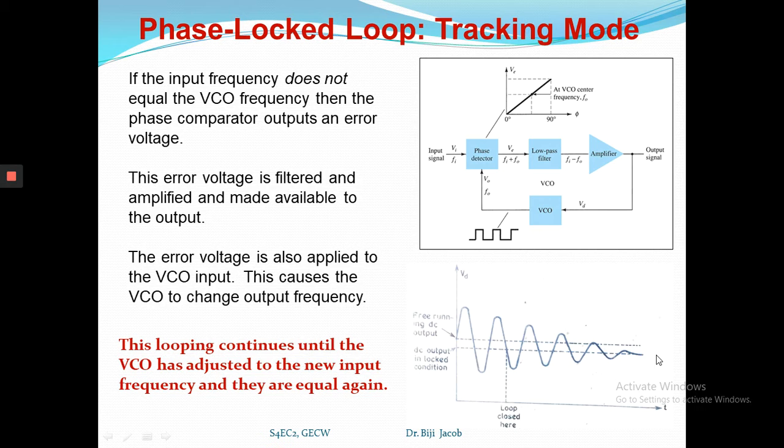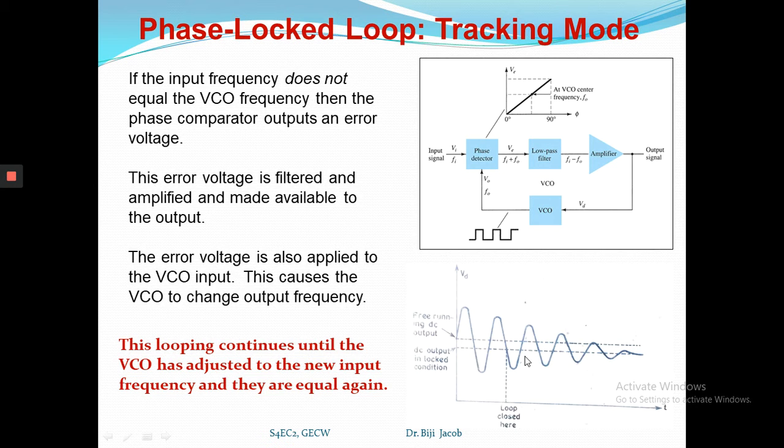Finally it will settle to a DC voltage corresponding to the phase difference between the input and VCO, once it has acquired the lock condition. So this is your tracking mode.